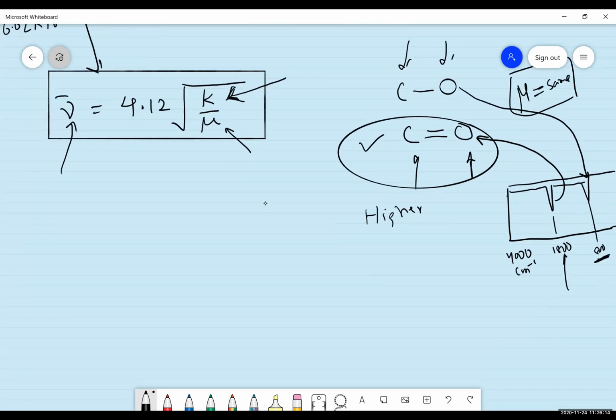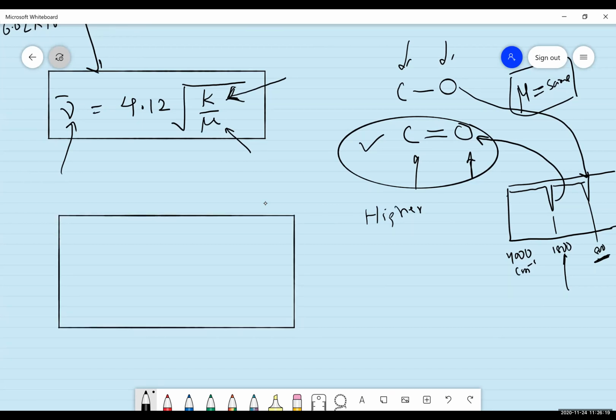Similarly, let's say I have another IR, and again the range is 4,000 to 400. This is the range, by the way, and they are all in centimeter inverse of wave number. I have signals from a C-H bond and a C-Cl bond, let's say.